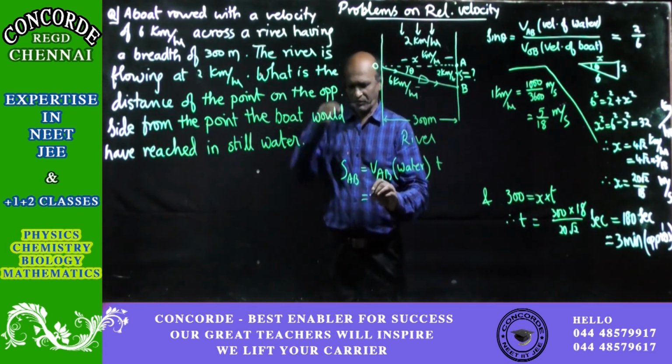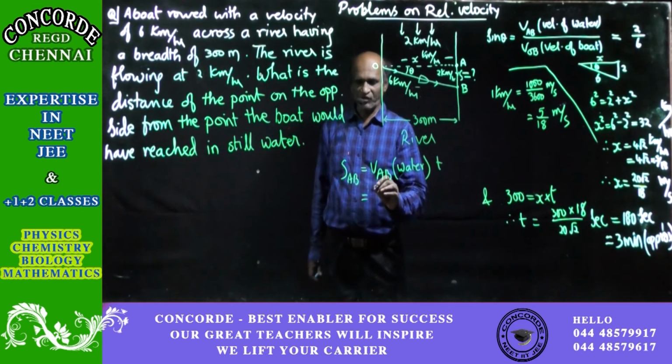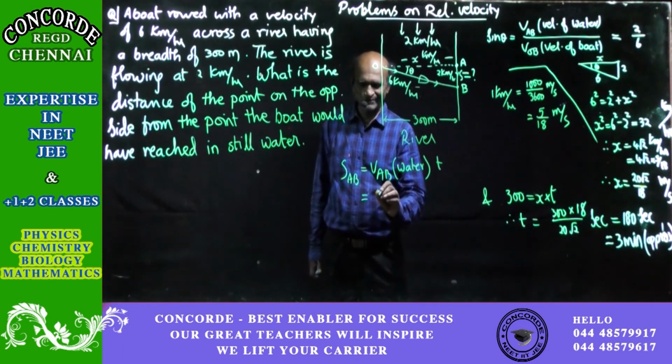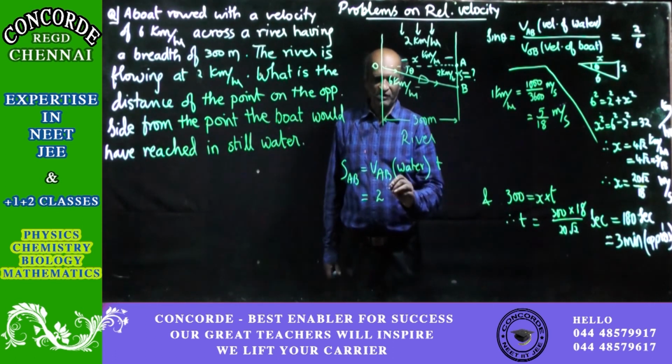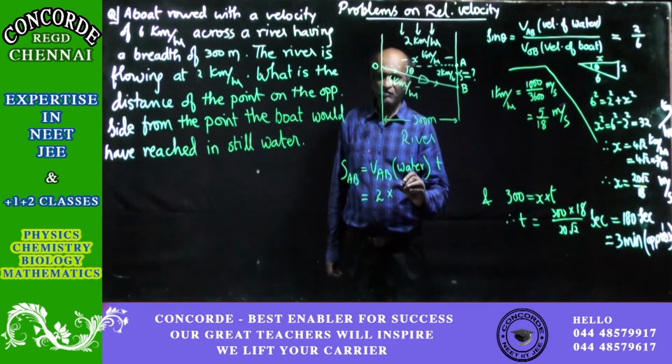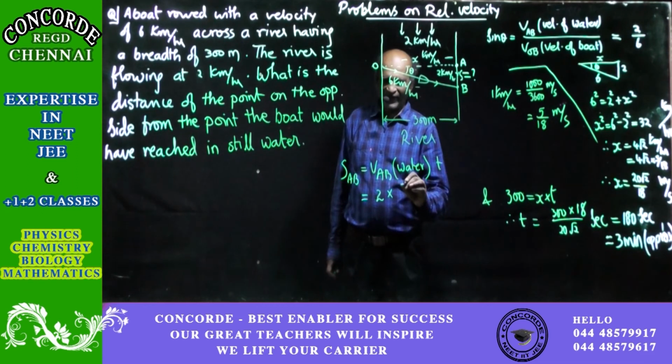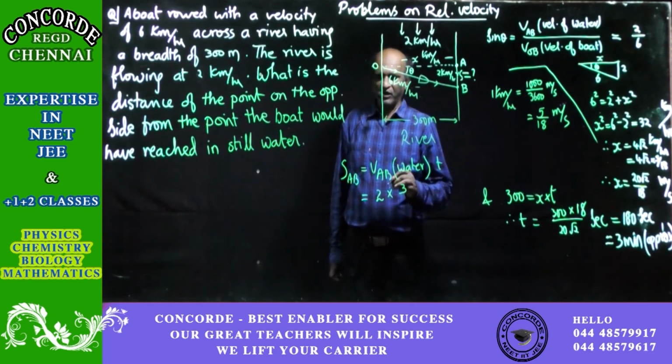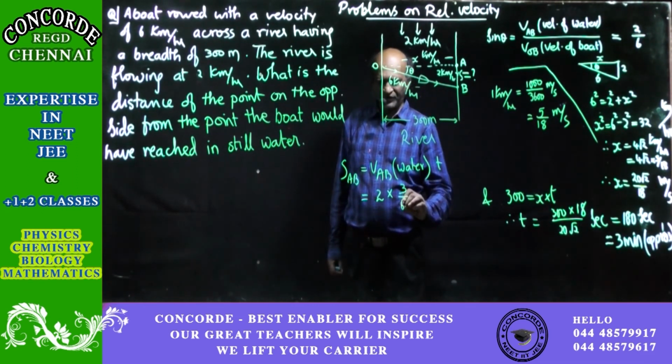If you want it in kilometers per hour, 2 kilometers per hour, then the time is 3 minutes. If you want it per hour, divide by 60.